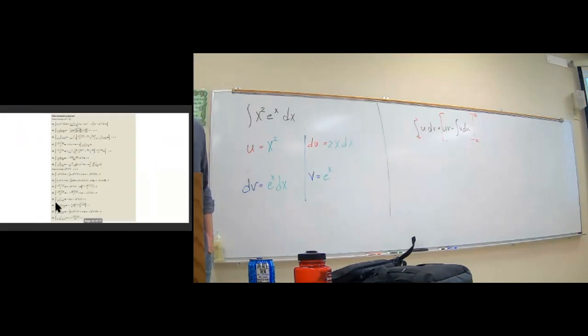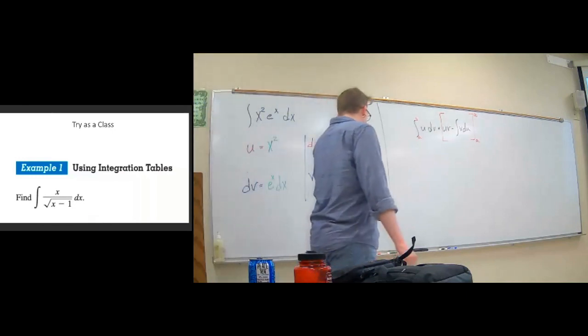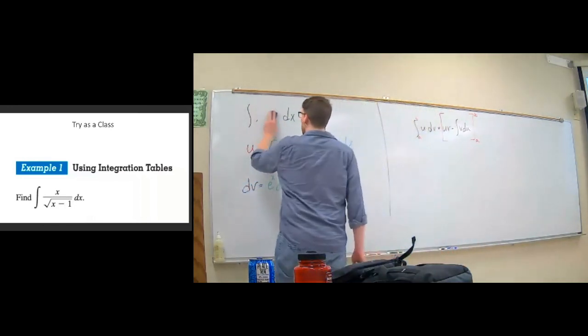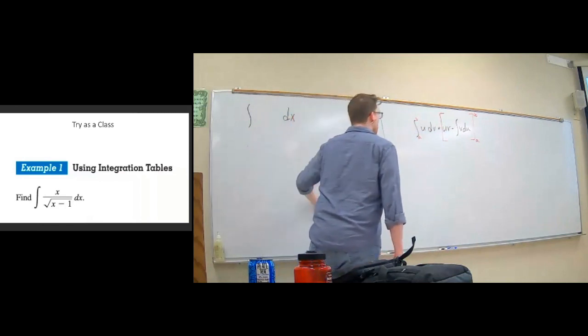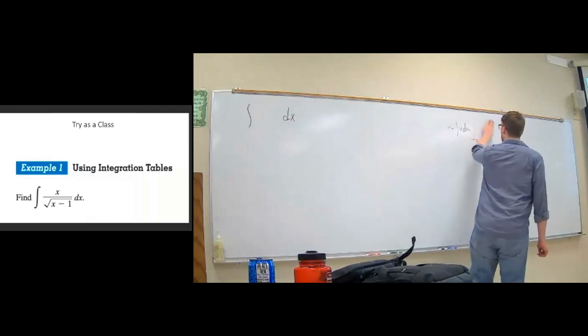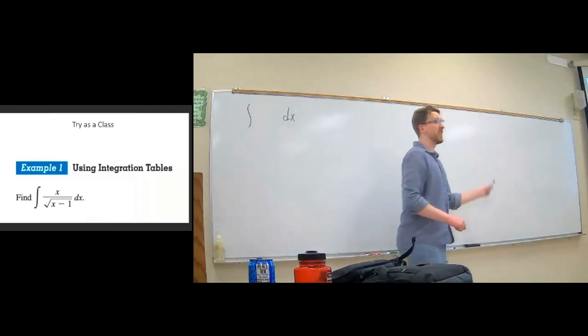So let's say we have this example right here. The integral of x over the square root of x minus 1. First thing we're going to want to do is rewrite that, because that's ugly.